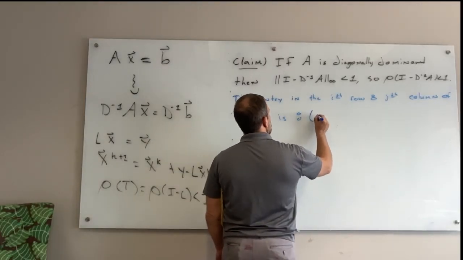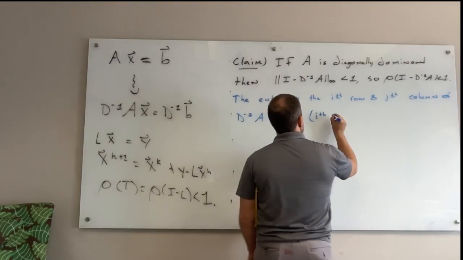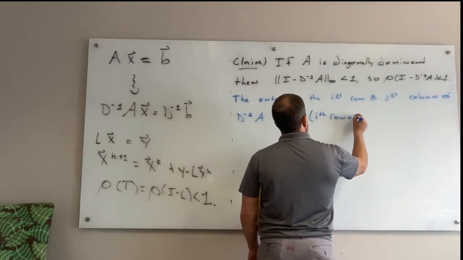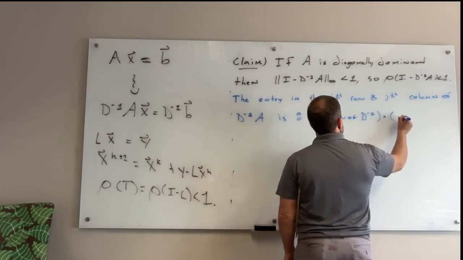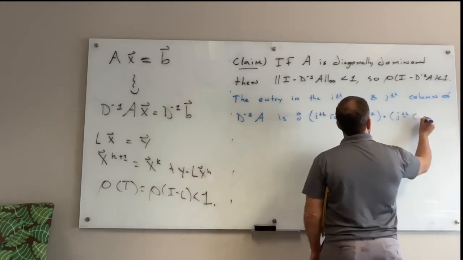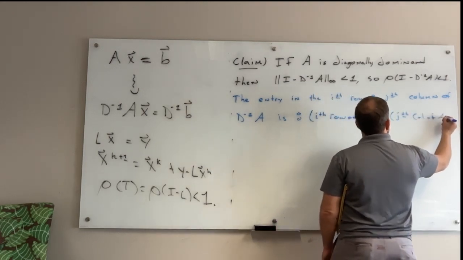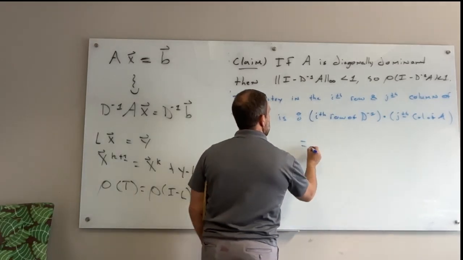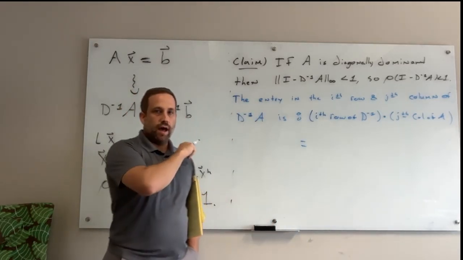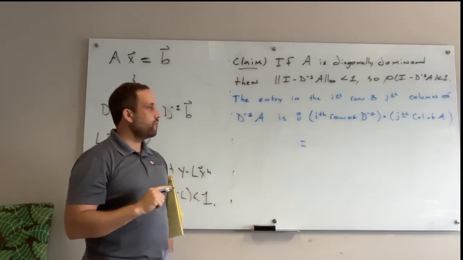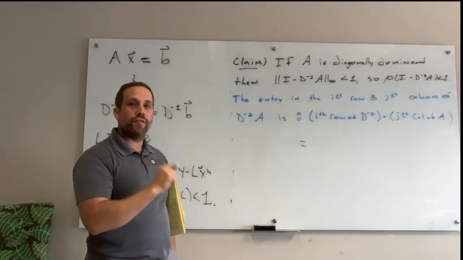So the ith row of D inverse, and then do the dot product with the jth column of A. Now the ith row of D inverse is going to be almost entirely the zero vector, except for in the ith column.